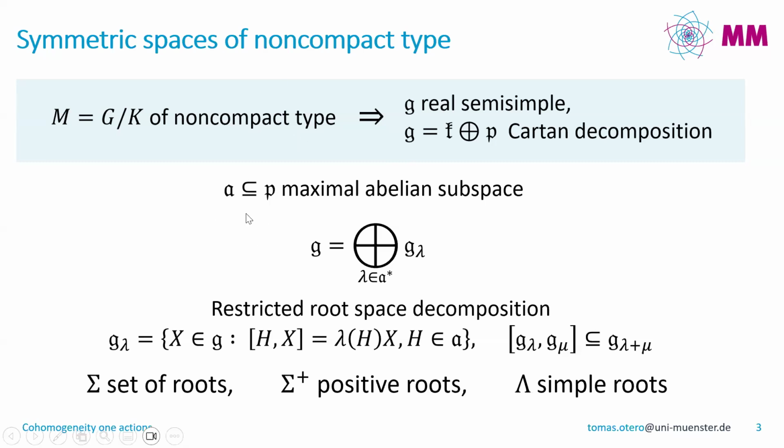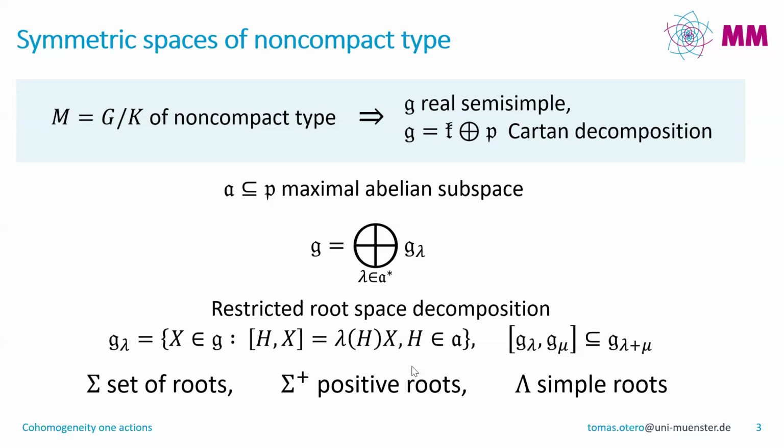And then taking a maximal abelian subspace A of this subspace P gives rise to what's known as the restricted root space decomposition of G, which is a decomposition of G as a direct sum of subspaces G lambda, where G lambda is the set of vectors X in G such that if we bracket a vector H in A with X, the result is precisely lambda of H times X, where lambda is some functional defined on this abelian subspace A.